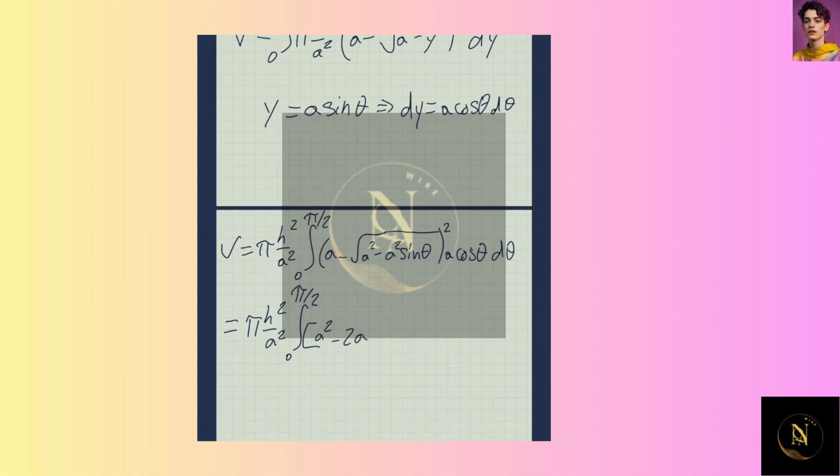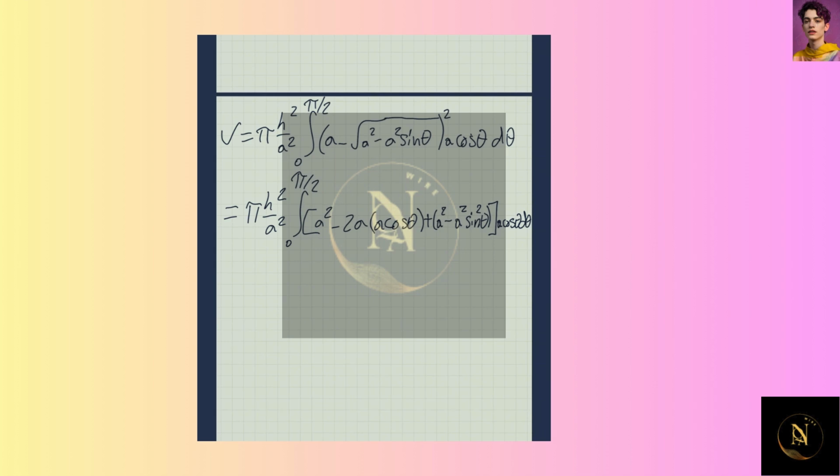So simplifying this to a point that we can integrate it, we get a squared minus 2a cosine theta plus a squared minus a squared sine squared theta, and we have our dy at the end.